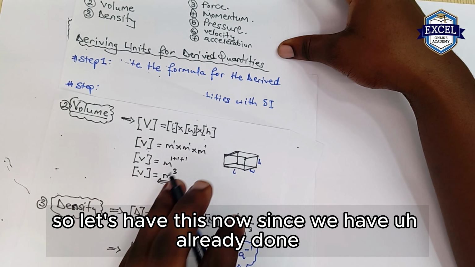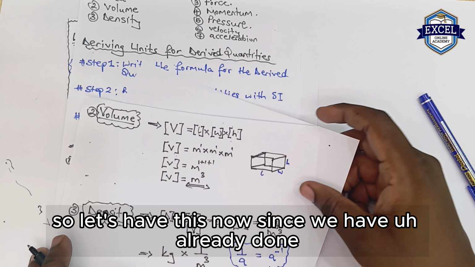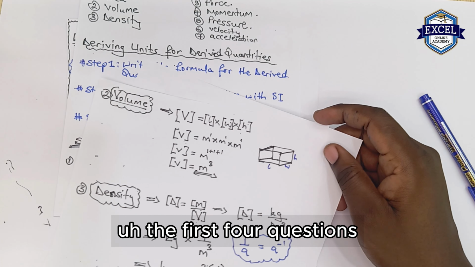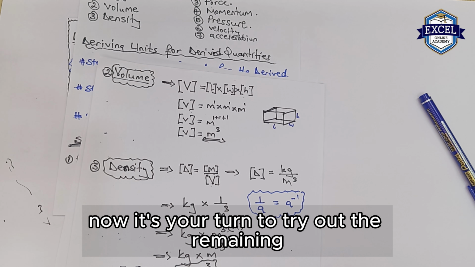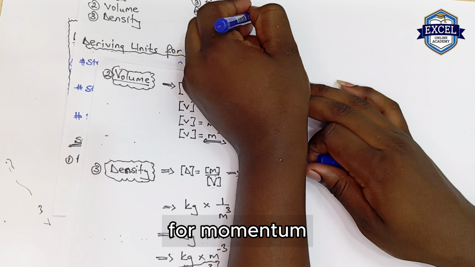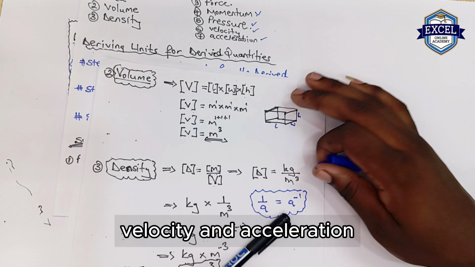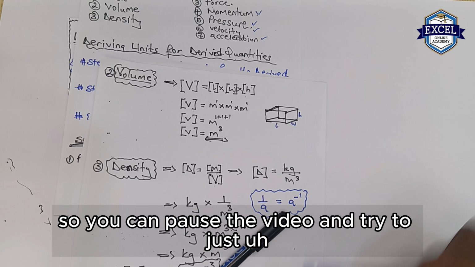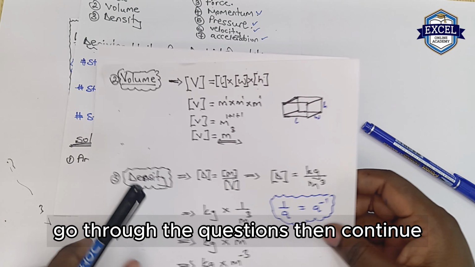Since we have already done the first 4 questions, now it's your turn to try out the remaining ones: momentum, pressure, velocity and acceleration. So you can pause the video and try to go through the questions, then continue.